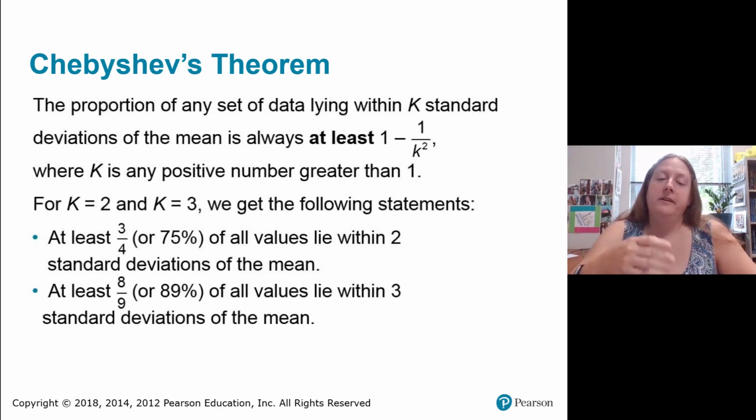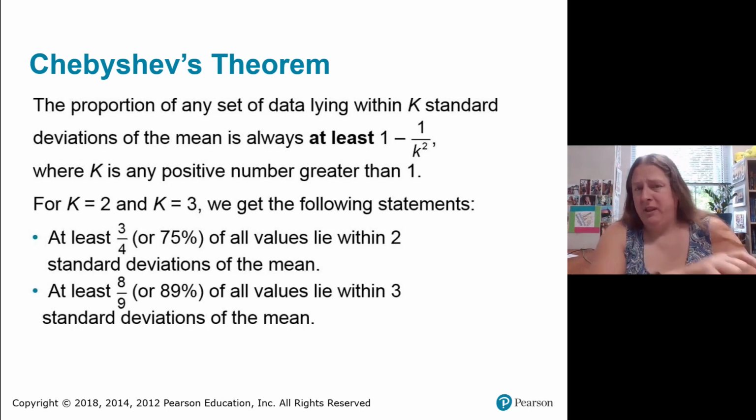All right, so if k is 2, then we're looking at the proportion of the set of data that lie within 2 standard deviations of the mean, and we'd have 1 minus 1 over 2 squared, or 1 minus 1/4, which is 3/4, or 75%.